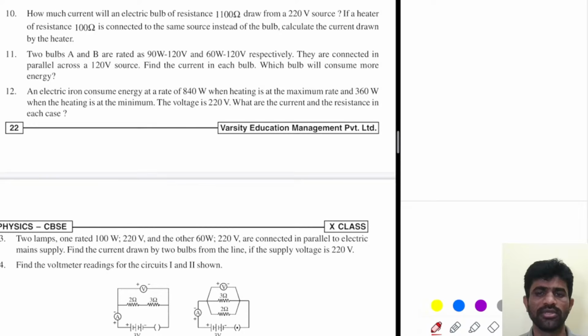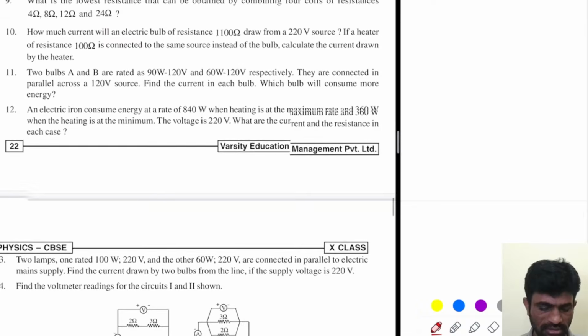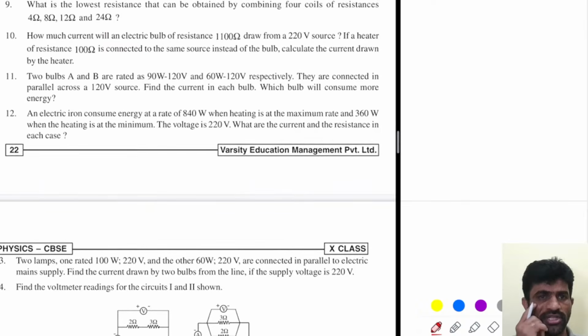In question number 10, it was given. Good morning, good morning. Can you see the board now? Is it clear? Question number 10. Read question number 10.